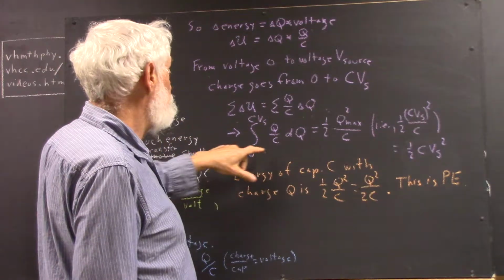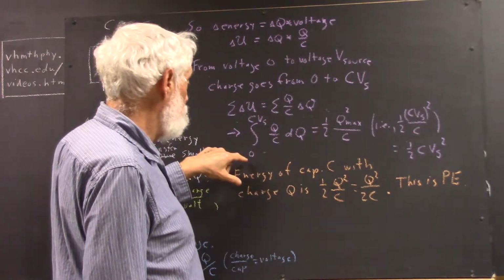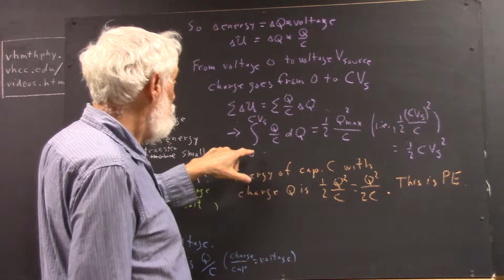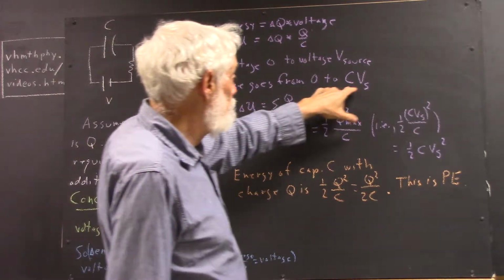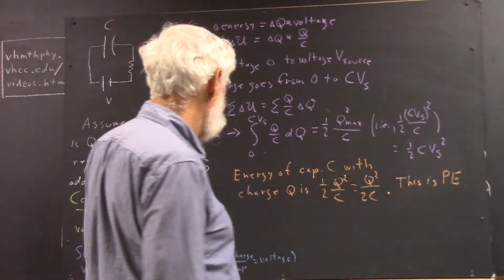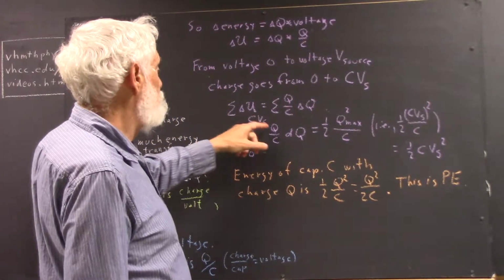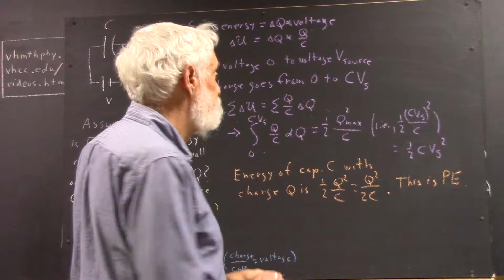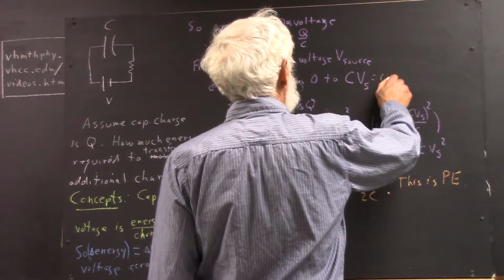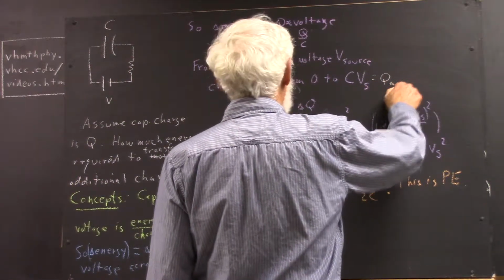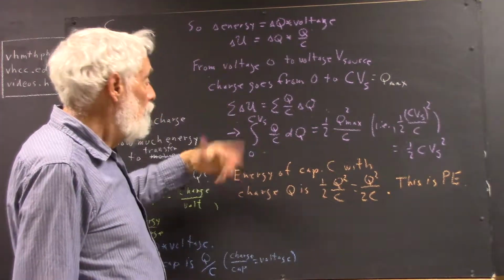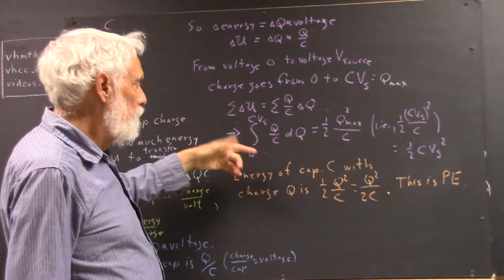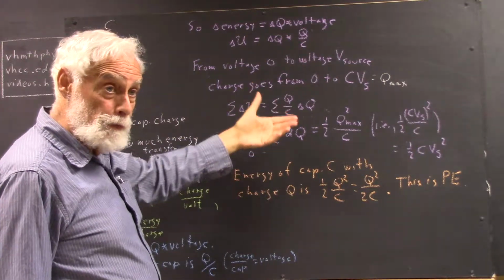Okay, well, this is going to then be an integral, and it's going to be the integral as Q goes from 0 to the maximum charge, which is 0 to C V sub S. Now, C V sub S could be written as Q max. So instead of C V sub S here, I could have Q max. Well, it's obviously the antiderivative of Q dQ is 1/2 Q squared.